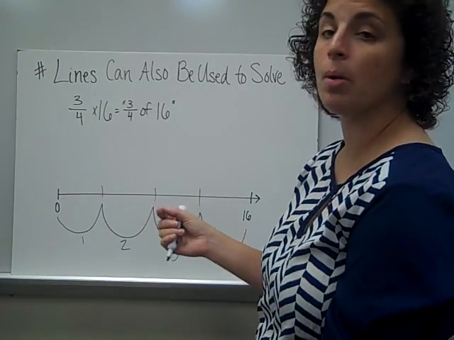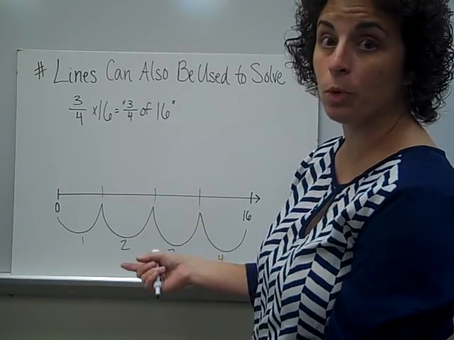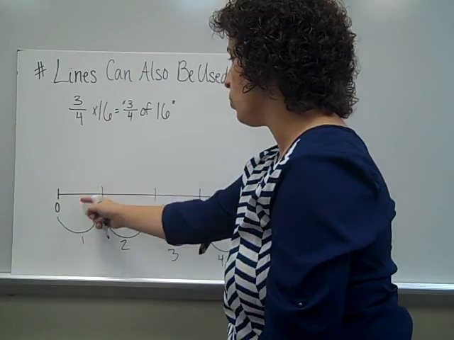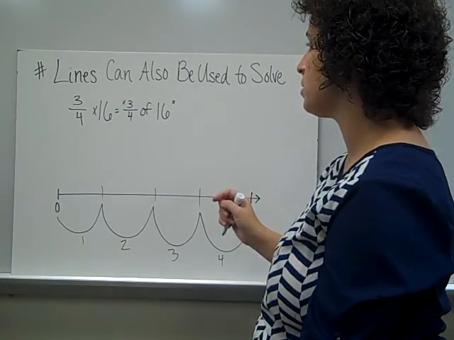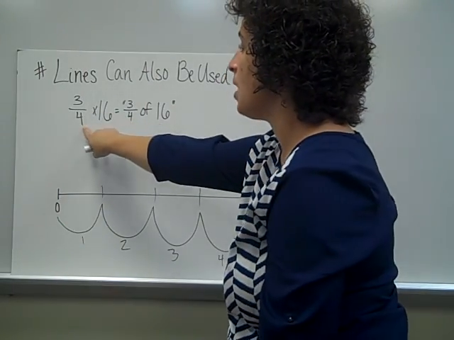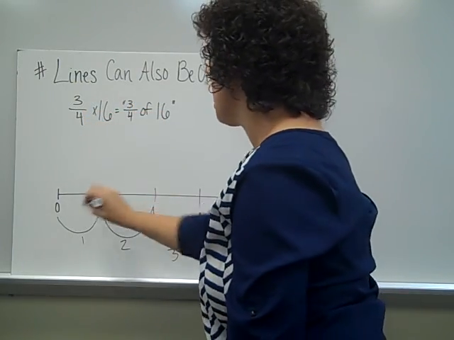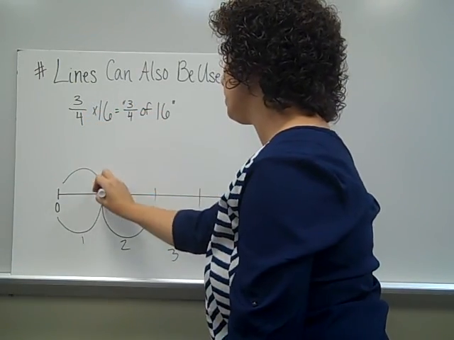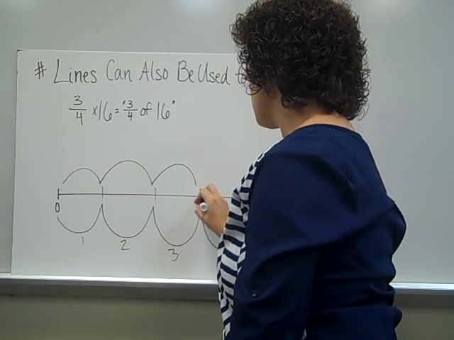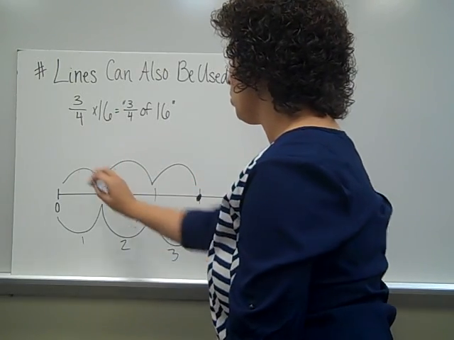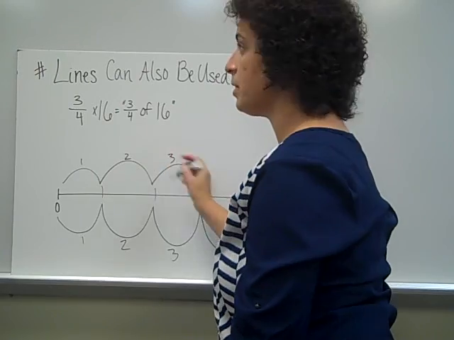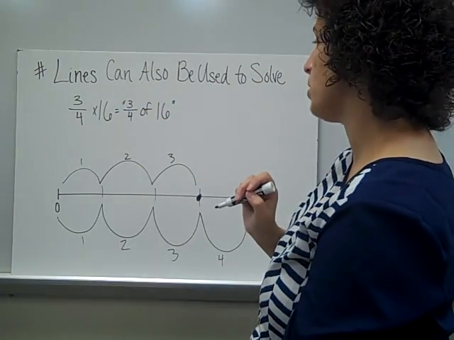You just don't see the parts like we did on the tape model as clearly, but you still see 1, 2, 3, 4 parts. Well, I do not get all 4/4 of the 16, it's 3/4. So that would be 1, 2, 3. So that'd be right here. I did that on my number line to match my numerator.